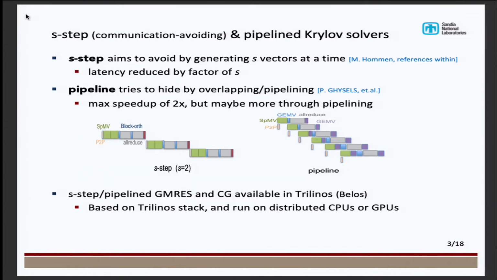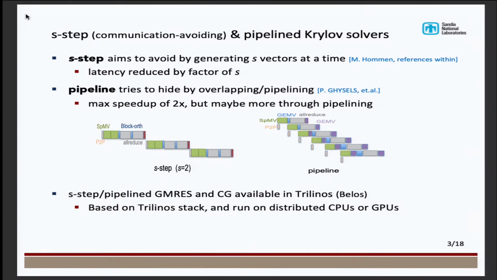There have been quite a few techniques developed to address these communication issues. For example, s-step Krylov aims to avoid some of the communications by generating a set of s vectors at a time. This gives us the potential to reduce communications by a factor of s.